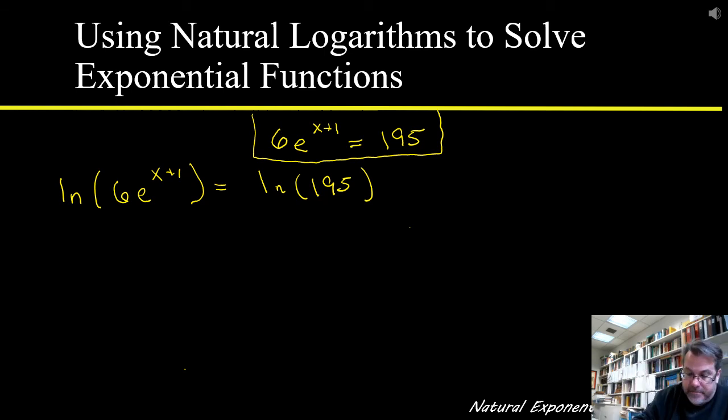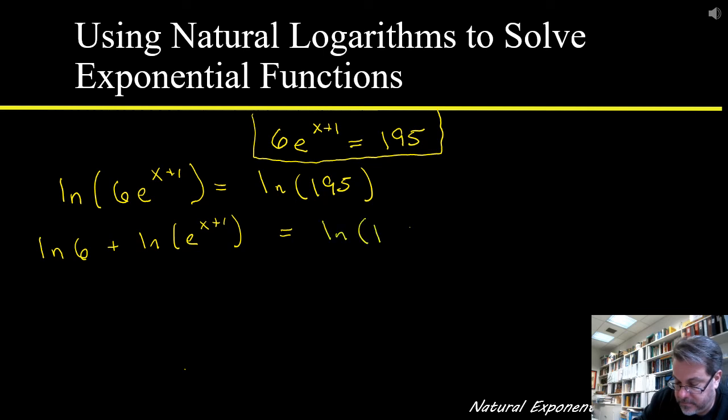And on the left, we use that rule that the log of a product is the sum of the logs. So this is the natural log of 6 plus the natural log of e to the x plus 1 equals natural log of 195.